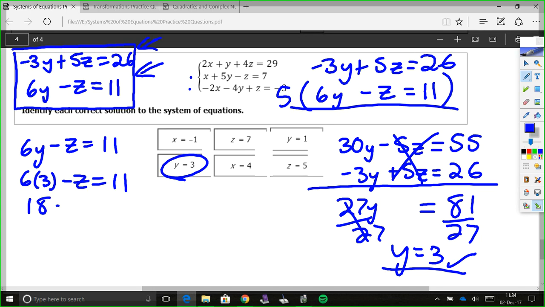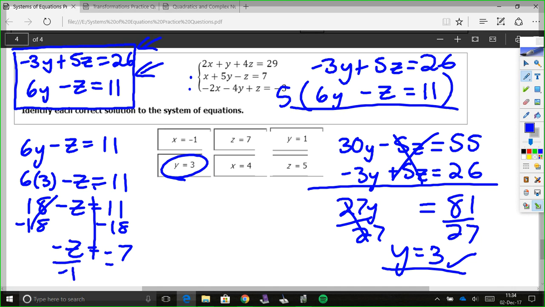So this will be 18 minus z equals 11. We can subtract 18. This will get me negative z equal to negative 7. And then, of course, if you divide by negative 1, you'll have z equal to a positive 7.